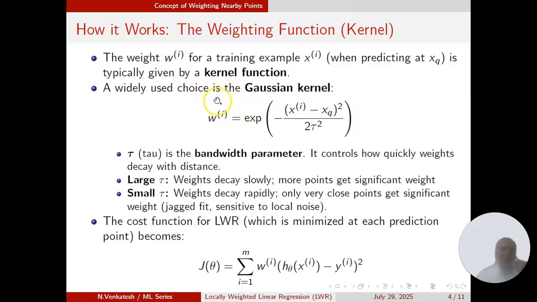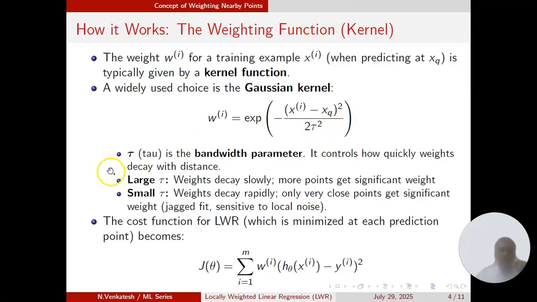One of the popular functions is the Gaussian kernel function, which assigns weights by taking the exponent of minus xi minus xq whole square, which gives you that distance, divided by 2 tau square.